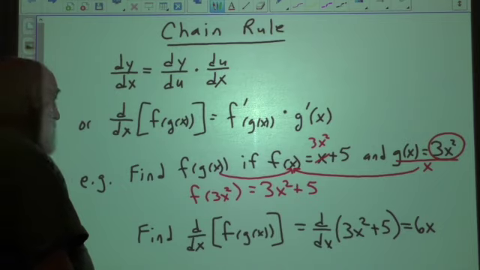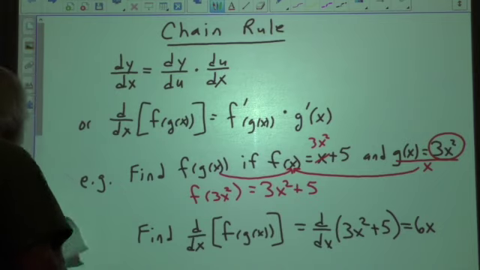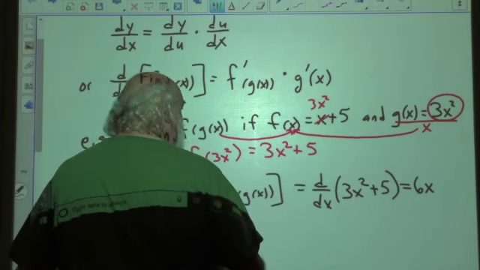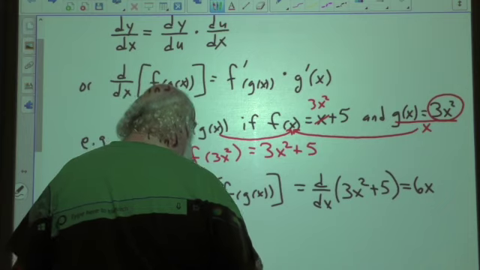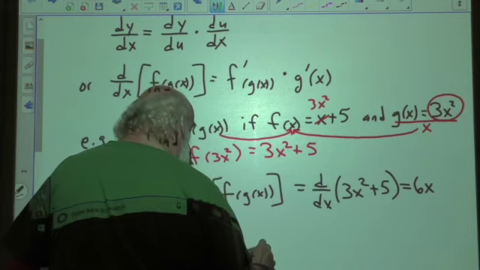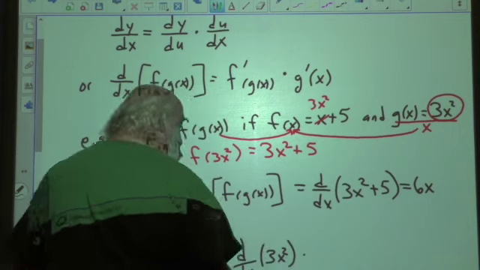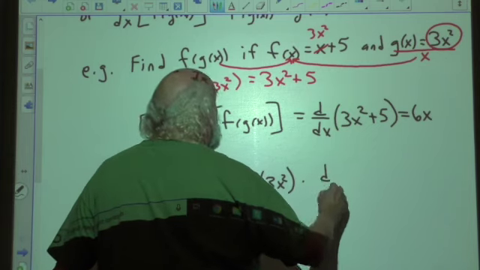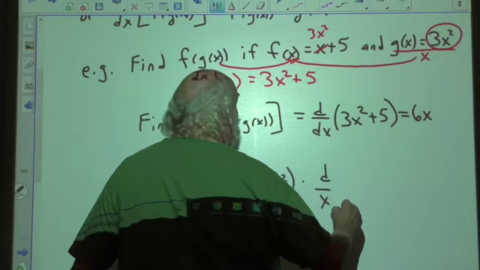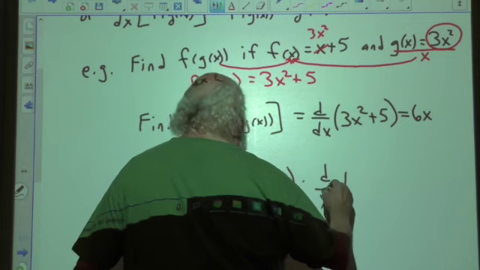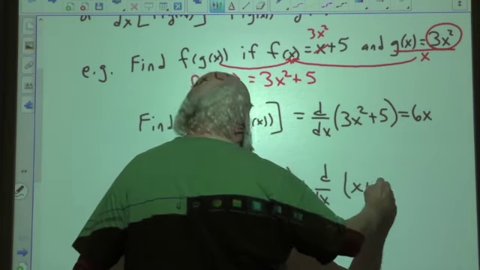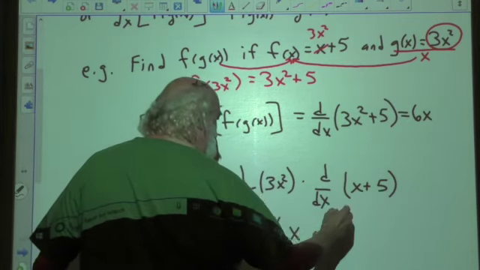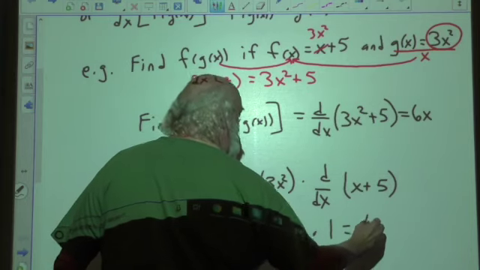Okay? Now, if I were to do this right here, if I were to take the derivative of 3x squared and multiply by the derivative of x plus 5, then this is going to give me 6x times 1, which is 6x.